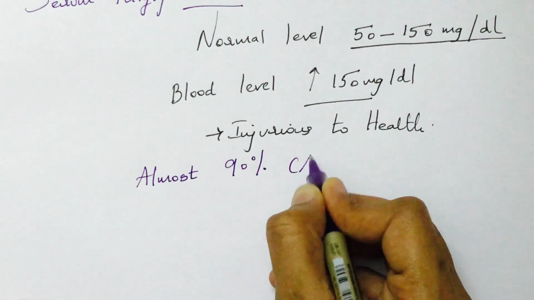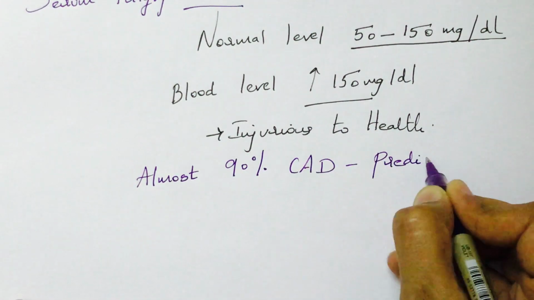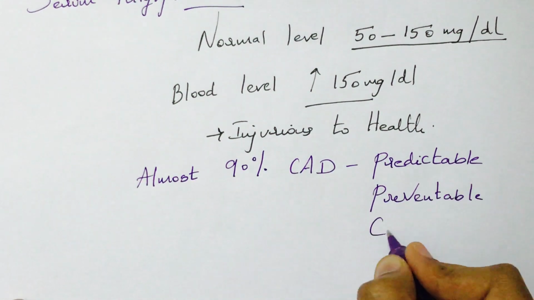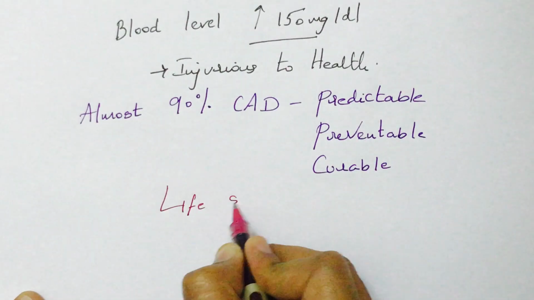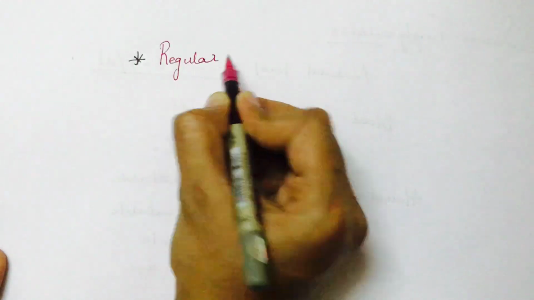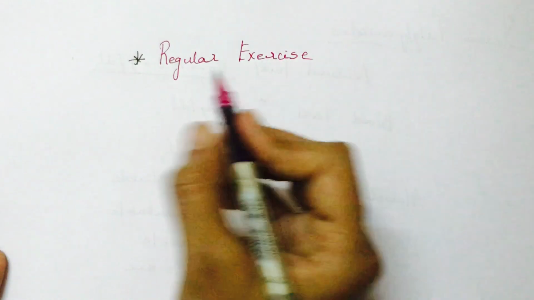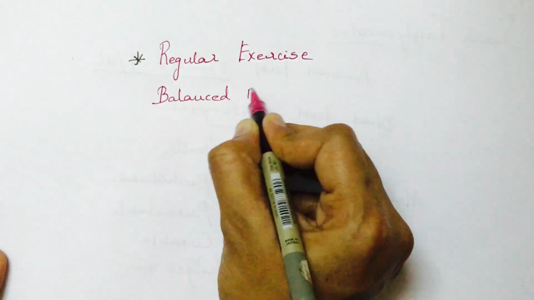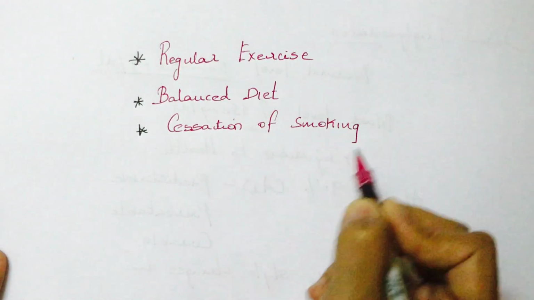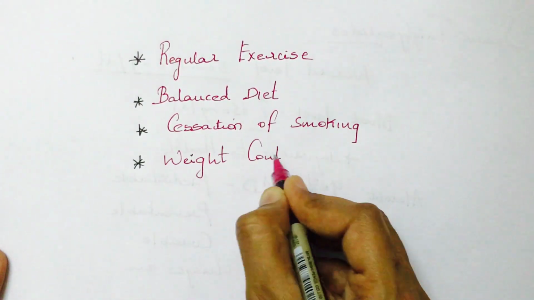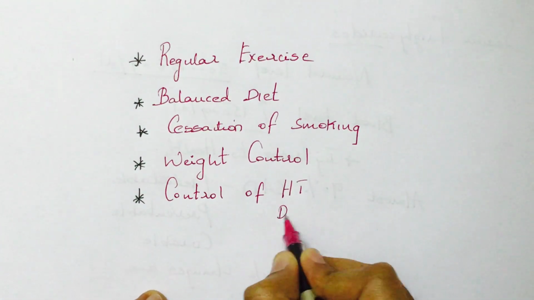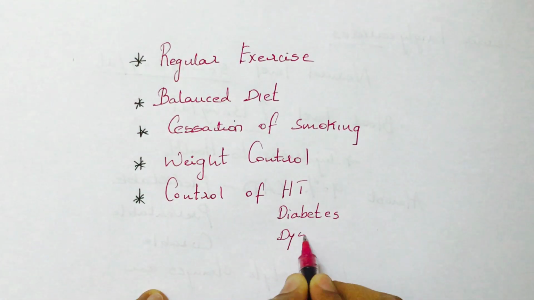Almost 90% of coronary artery disease is predictable, preventable, and curable with only little lifestyle changes, which include regular exercise, balanced diet, cessation of smoking, weight control, control of hypertension, diabetes, and dyslipidemia.